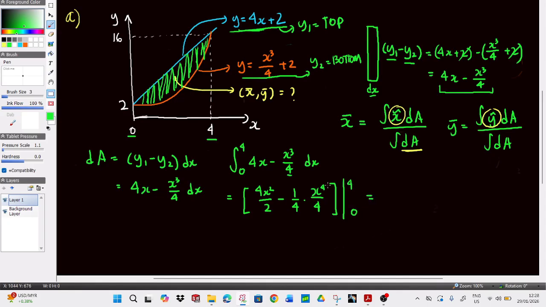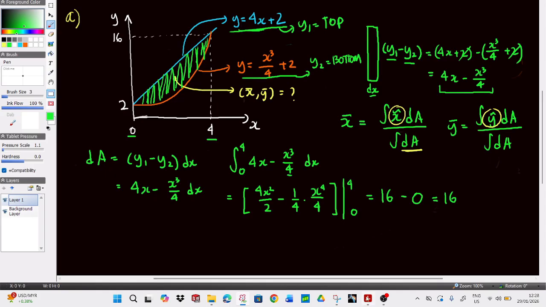Substituting the limits, you get 4 over 2 times 4 squared minus 1 over 4 times 4 to the power of 4 over 4, which is 16. Then you subtract 0, because when you put 0 inside, it becomes 0. So the final answer is 16.